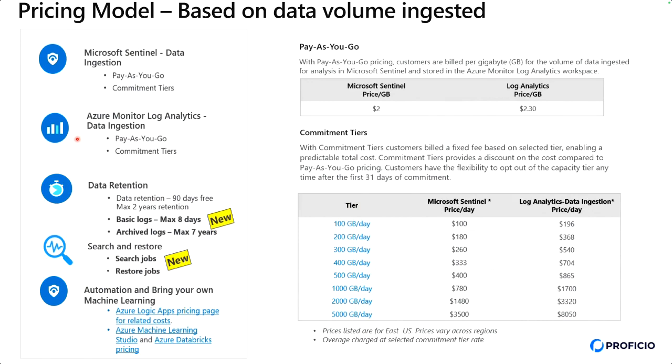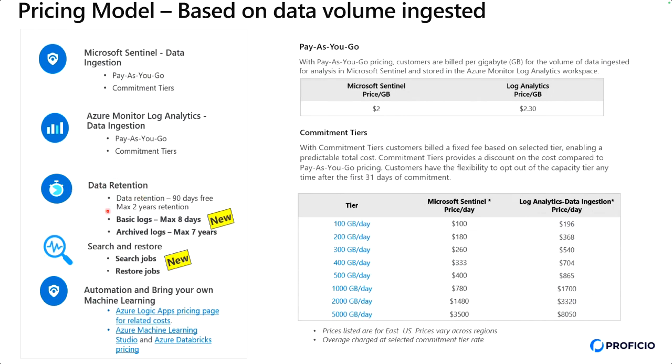If you look at these key aspects of price, first of all you will pay for data ingestion. Then second, you will pay for data processing. Not all data ingested to the Log Analytics workspace will be processed by Sentinel, and that's a separate consideration to keep in mind.